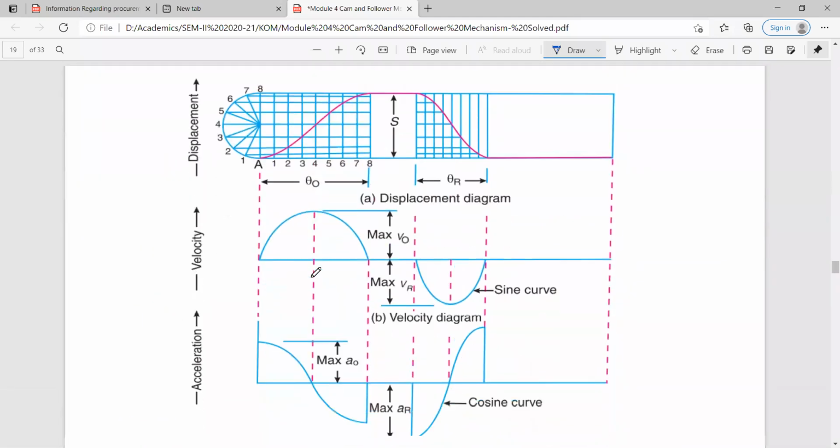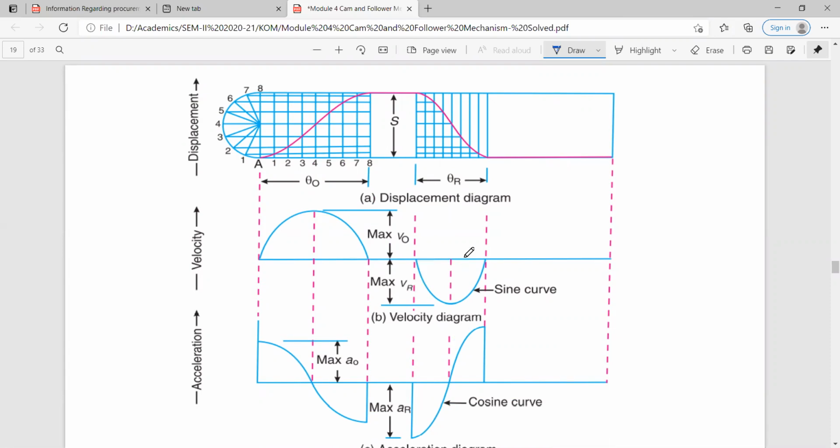See, it is simple how the displacement diagram, then the velocity diagram and acceleration diagram look like this. You have to draw it in the same way. Just take care that here the amplitude is more and here the amplitude is less. It will depend on your angle of return.